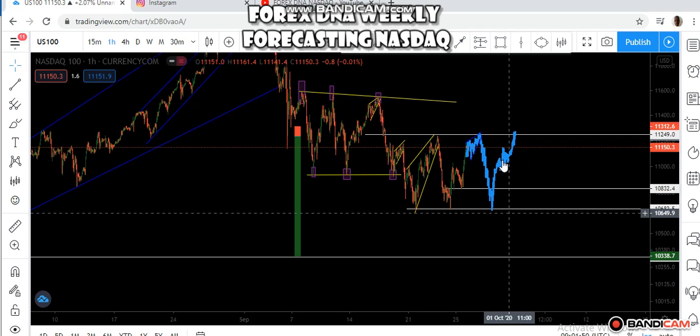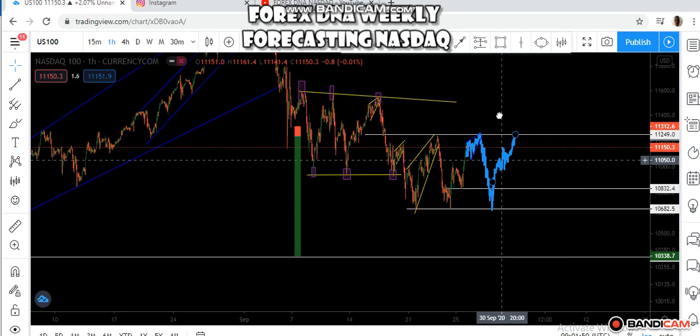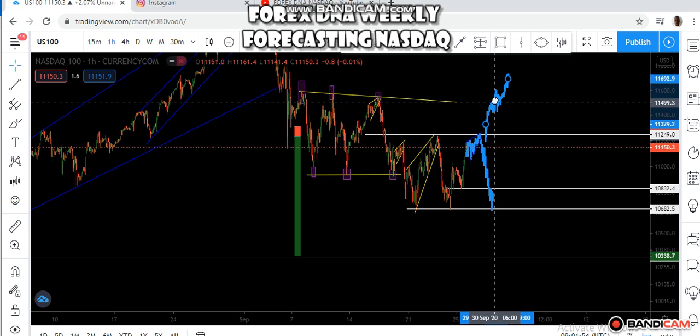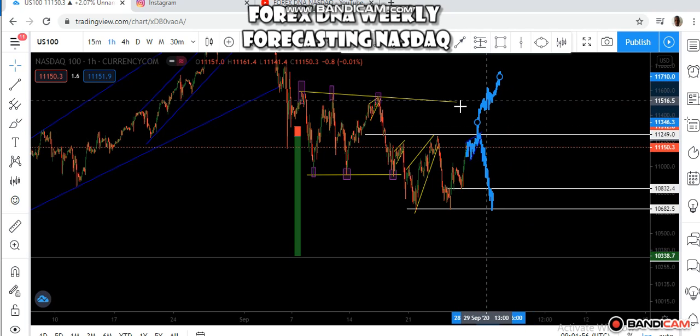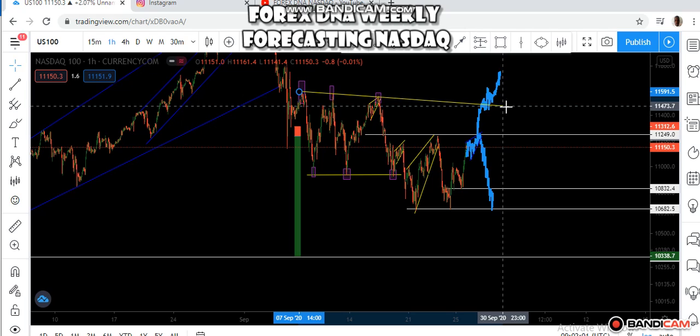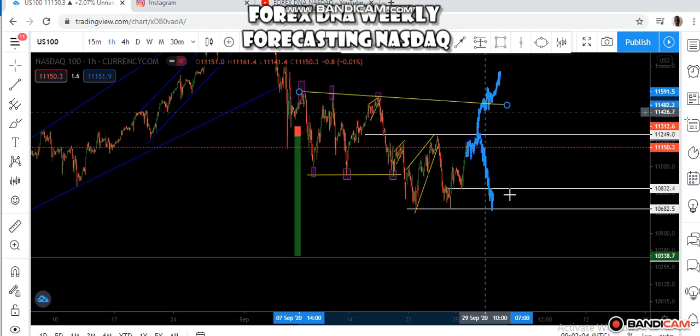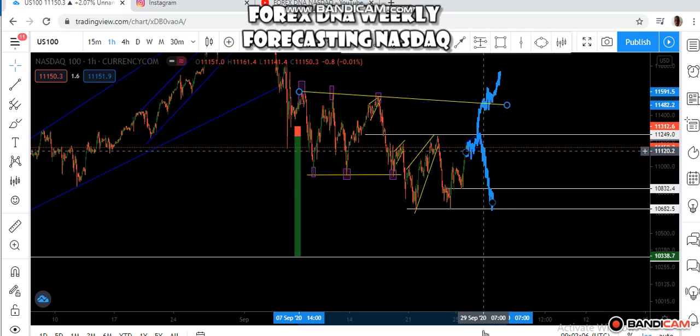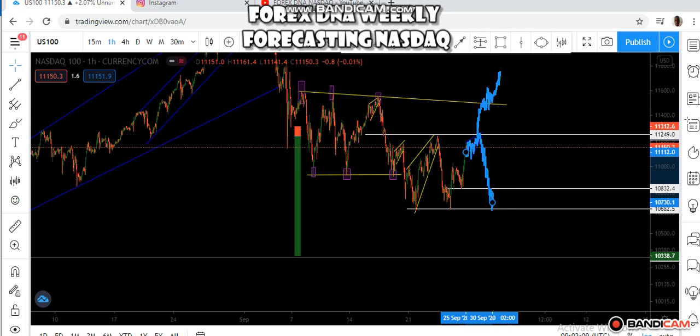Then we'll expect something like this. But there's a possibility that it can retest on our trend line. It can retest somewhere here, then go down. It's possible, guys.